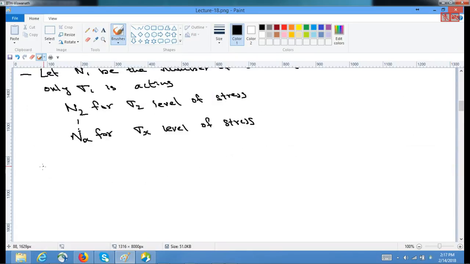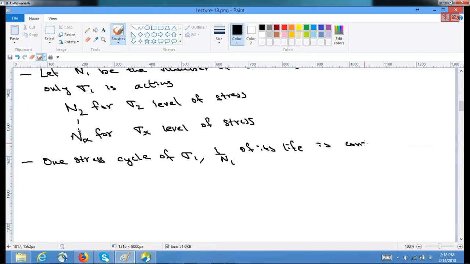So now we will compute: for one stress cycle of sigma 1, 1 over capital N1 of its life is consumed.